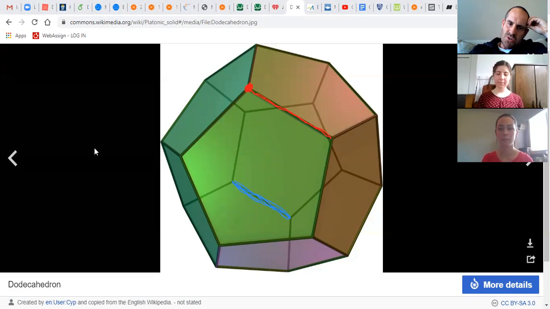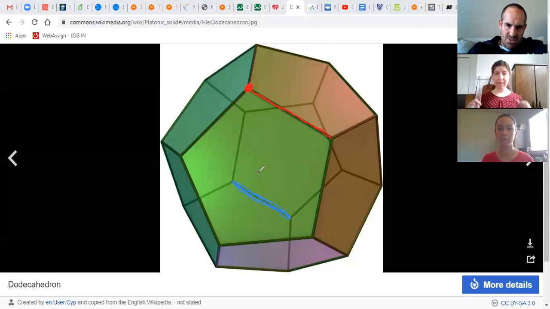Okay, and what other kinds of symmetries did you discern there would be? So if you go straight through one face to the opposite face, then you can do rotation. Because there are 5 vertices around any face, and that's prime.